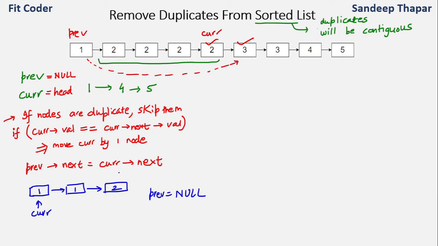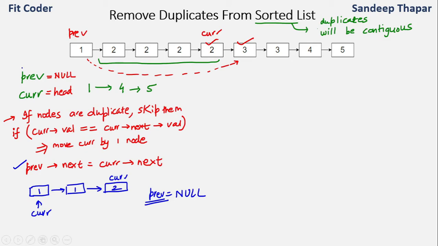When current comes to 2, we'll do previous next is equal to current next. But in this case, previous is null. So the problem will come when the first node itself is a duplicate. In those scenarios, we cannot do previous next is current next because previous is null.